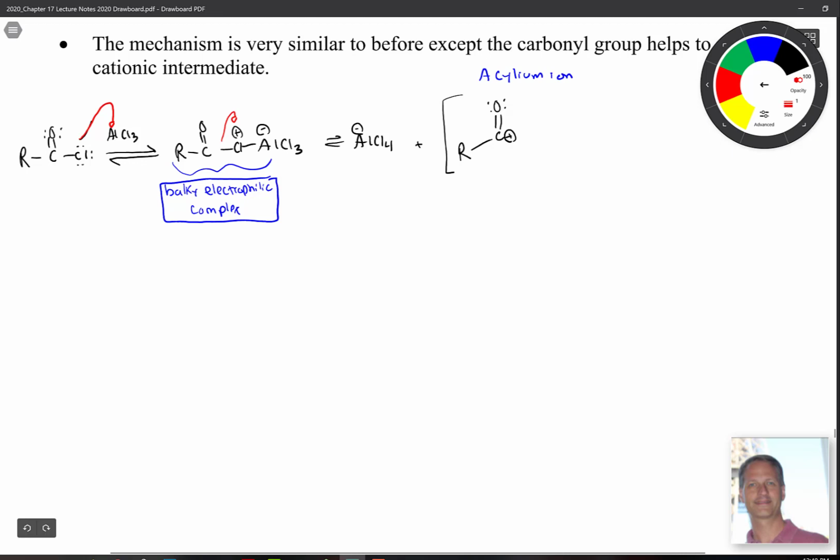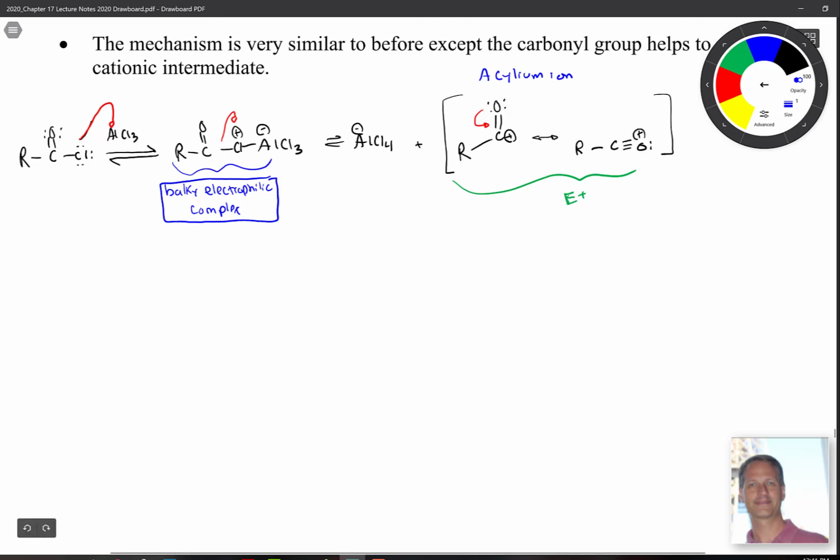And it's resonance stabilized. So we come around, we can do that, and that would give us our R, triple bond O, plus charge down here. So this right here is what we're going to be treating as our electrophile. This electrophile is going to be what reacts in our EAS reaction.